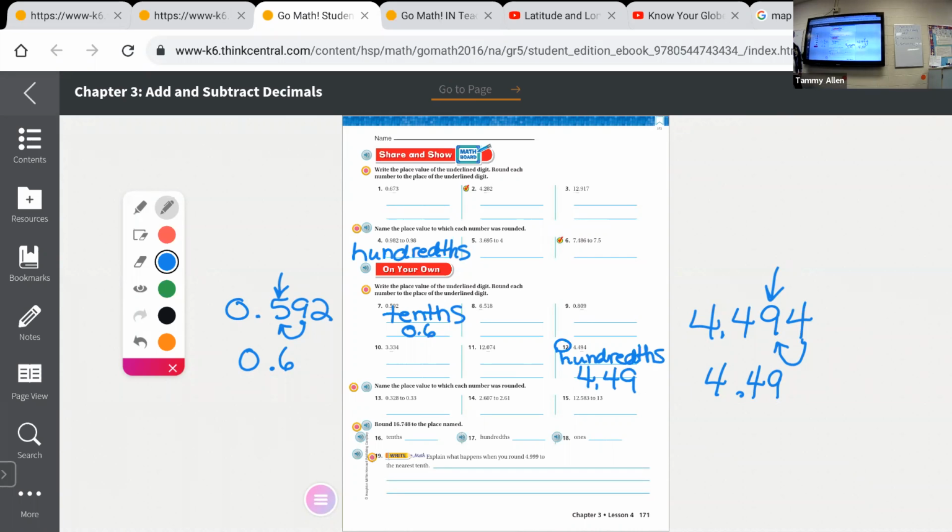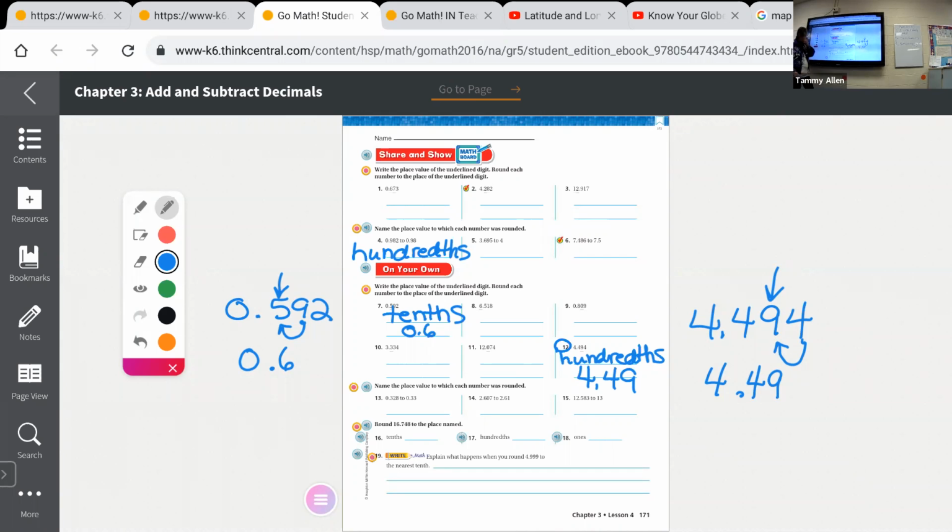Yes. Do we always have to eliminate everything from the right? The only reason we add zeros is to hold a place value. Do we need to add zeros to keep these where they belong? No. So we don't put zeros in. In whole numbers, we put zeros in to keep them in the right place value.